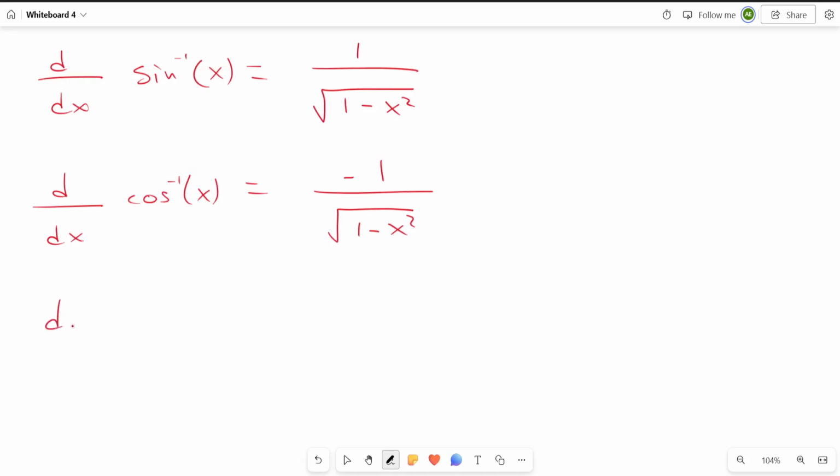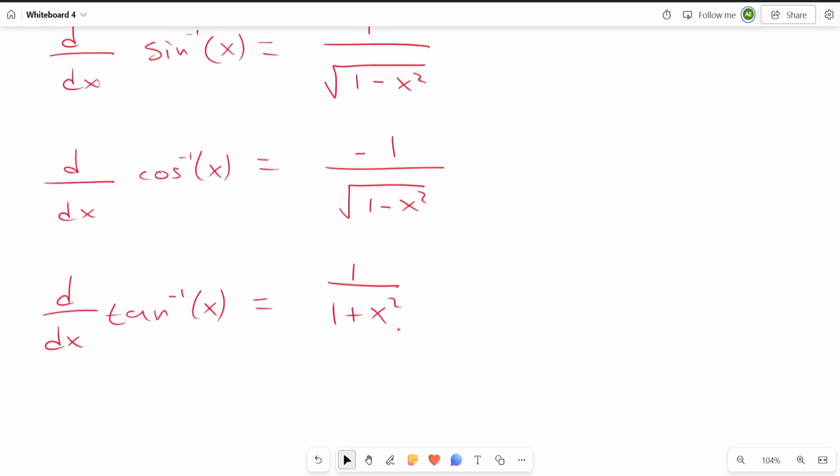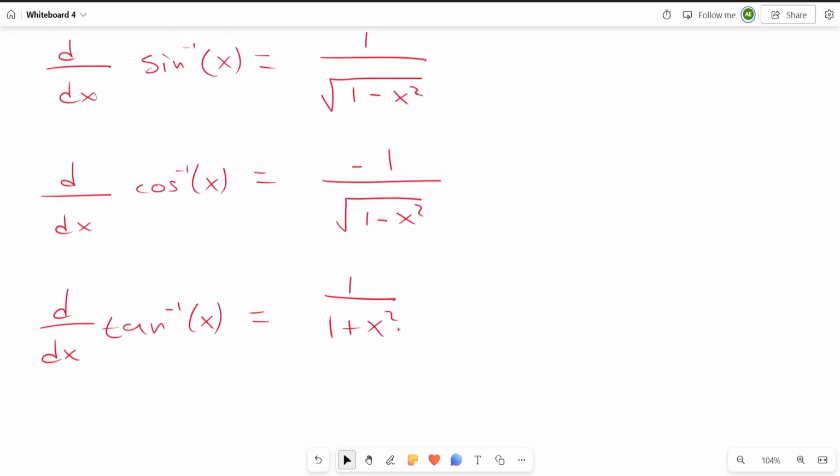When I have the differentiation of inverse of tan of x, this is going to give me basically 1 over 1 plus x squared. And these are basically the trigonometric differentiations that you will need to know.